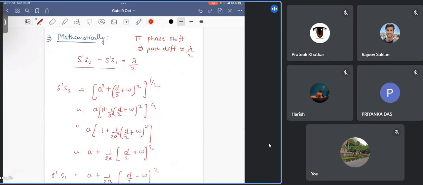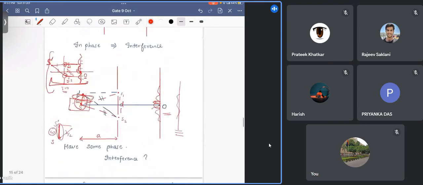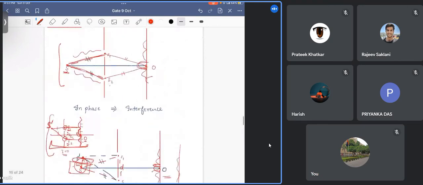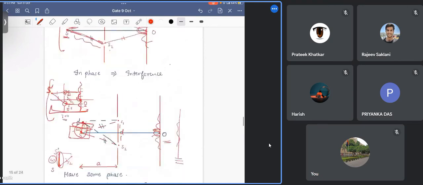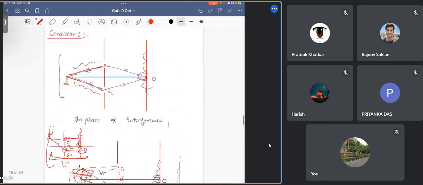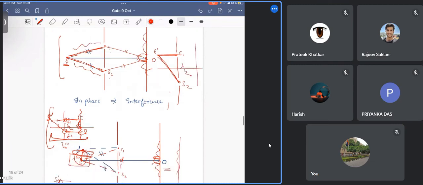We calculate the distance, again the same simple case, something like we did in Young's double slit initially. We take the two slits and place our source here, S dash, S1, S2, and we calculate the path difference between S dash S1 and S dash S2. If this path difference is lambda by 2, then the intensity will vanish on the screen.